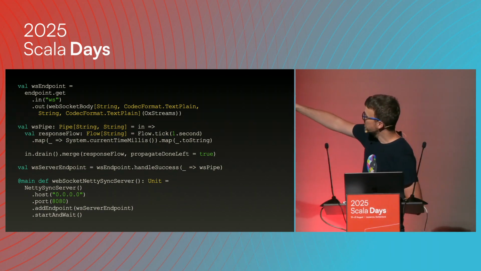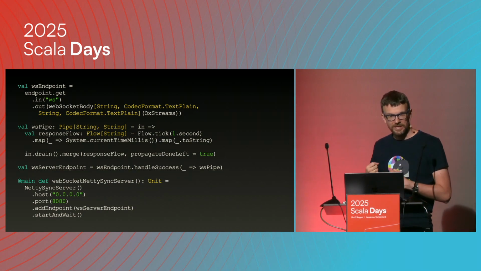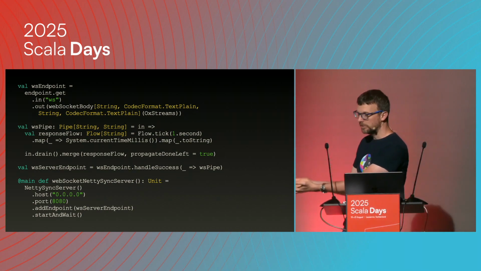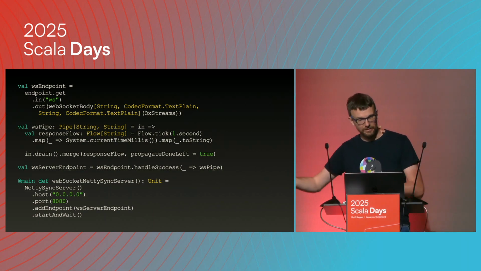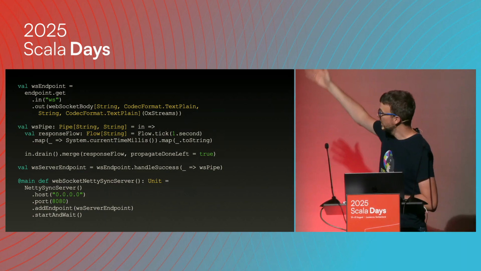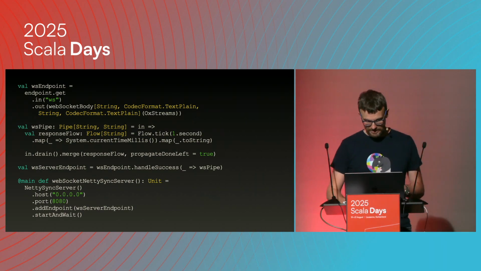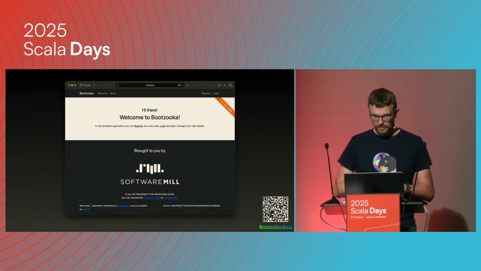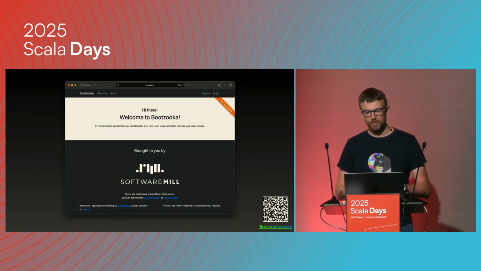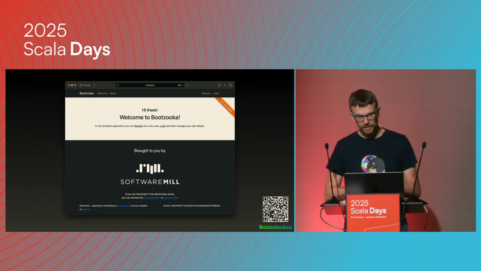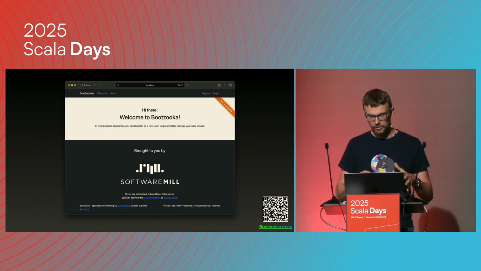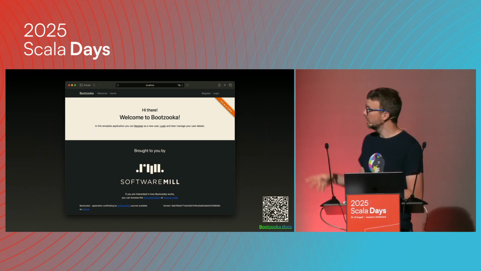So we receive the incoming messages as a flow, and we need to return a flow as a result of the WebSocket frames that are sent to the user. So once again, all nicely integrated. If you would like to have a more complete example of how a simple CRUD-like application might look like when written using direct style, you can take a look at Bootzooka.